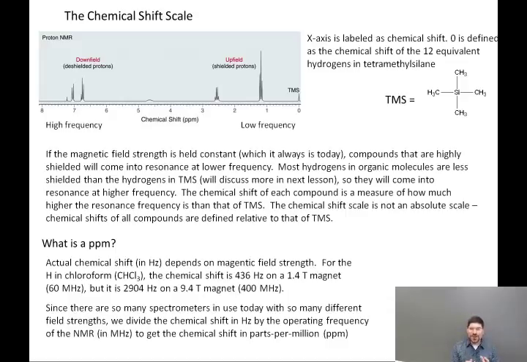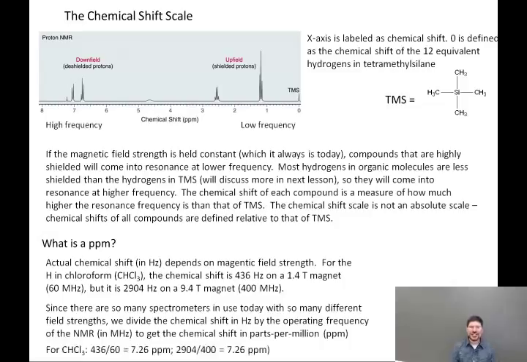So what we do about this, to get a uniform scale, is divide the chemical shift in hertz by the operating frequency of that particular NMR in megahertz to get the chemical shift in units called parts per million. And the mega in megahertz is 10 to the 6th, which is 1 million. So that's where the million comes from.